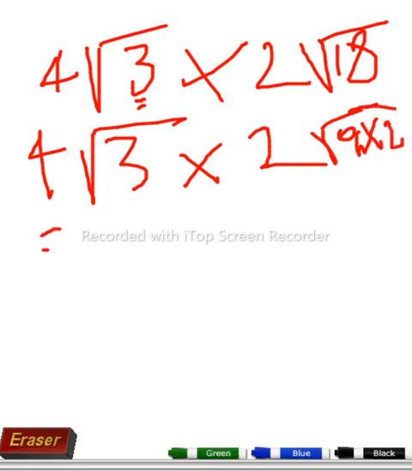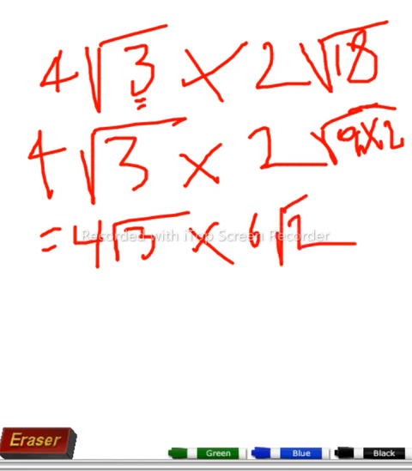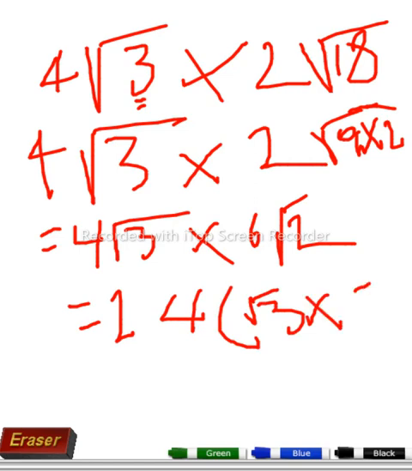So we get 4 square root of 3 times 3 square root of 2, since 9 comes out of the square root as 3. So we have 4 times 3, 12, times square root of 3 times square root of 2. This is the final simplification for this equation.